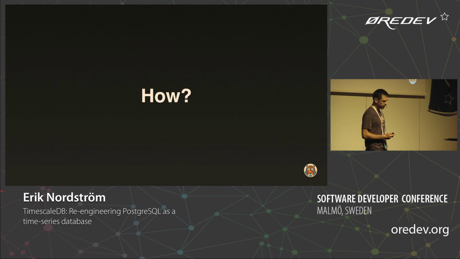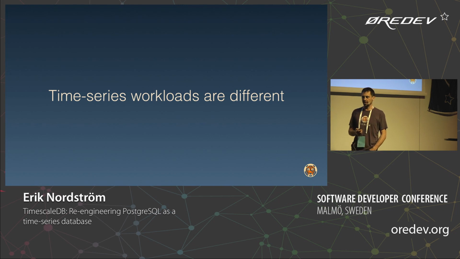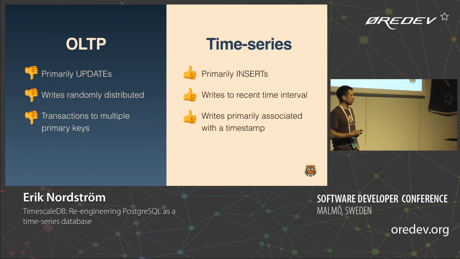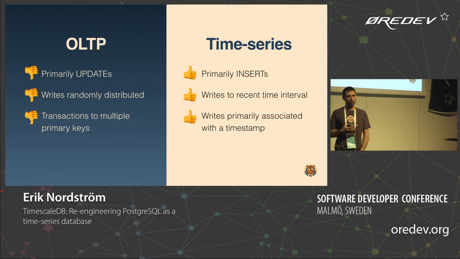It's important to realize that time series workloads are different from the traditional workloads you have in a relational database. If you look at OLTP, which is the common type of workload, you typically see updates to multiple primary keys.